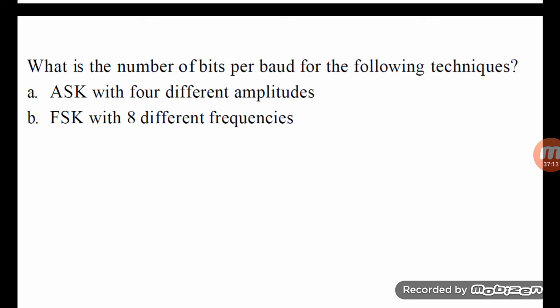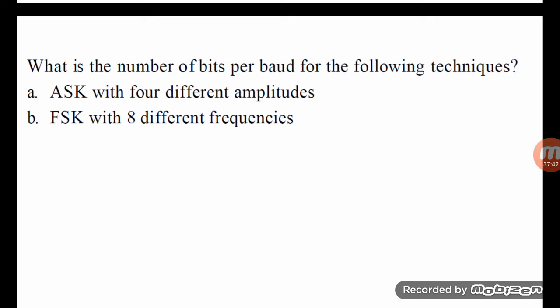The previous one, what we had was either 0 or 1, right? So for 0 we were sending a 0 volt signal, and for 1 we were sending a sine wave with full amplitude. This was the case which is called binary. Now here he's saying 4 different amplitudes. Here, how many amplitudes do you have? 2.